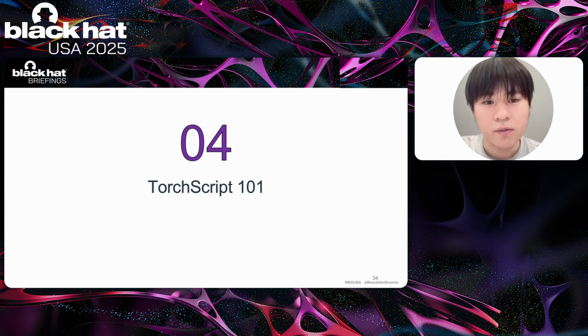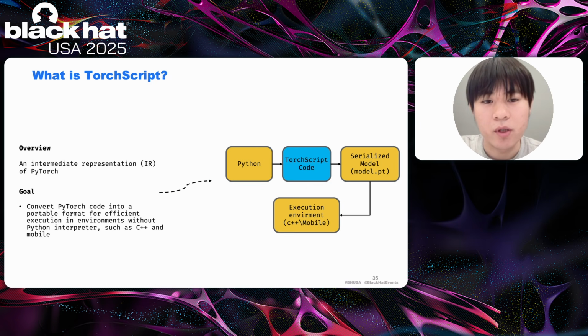Hello everyone, this part will cover the basics of TorchScript and its code implementation. TorchScript is used for deploying models in environments without a Python interpreter, such as C++ and mobile. It can be compiled from Python code through scripting or tracing, and saved as a PT file, which can be loaded and run in C++ and mobile.